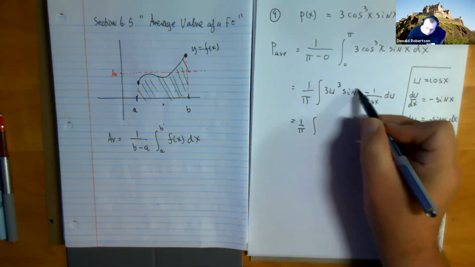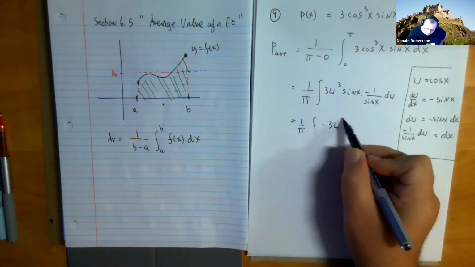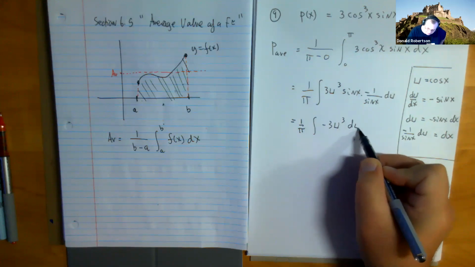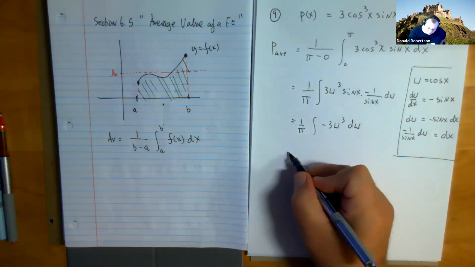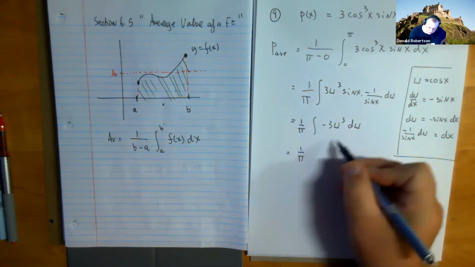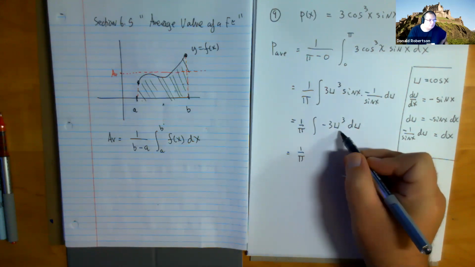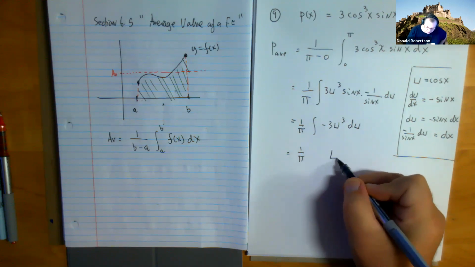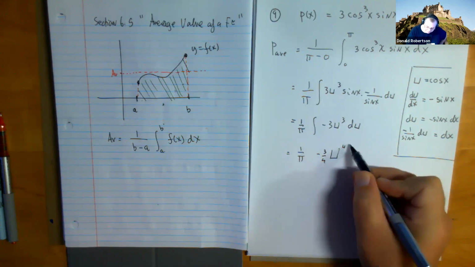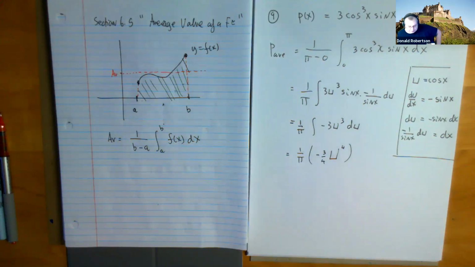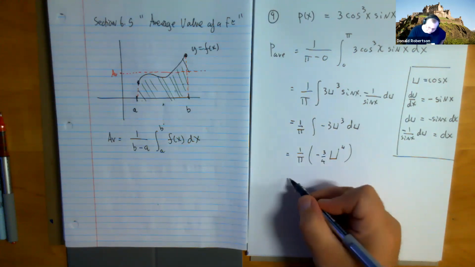And it's going to cancel with the little negative in front of it. We got that. Would you agree it's just a power rule? So I'll add 1 to the power and divide by the new power. So that's where the negative 3/4 came from.